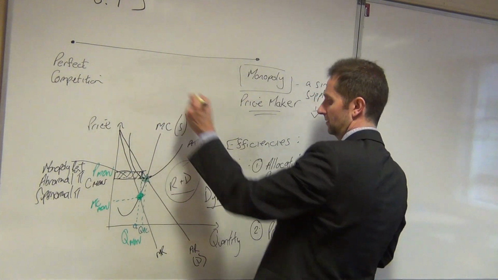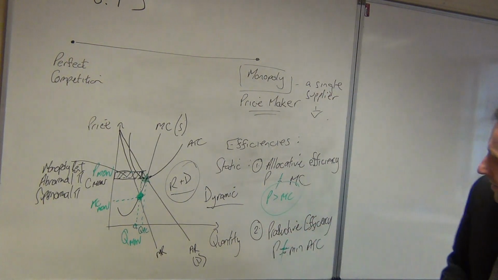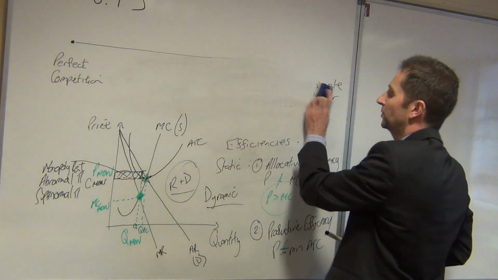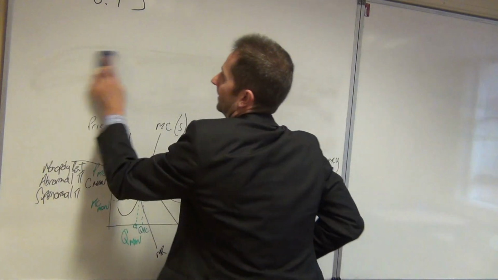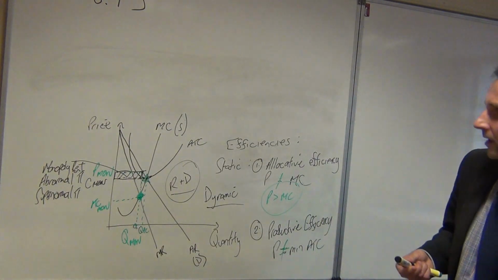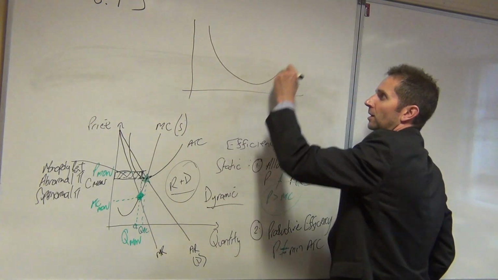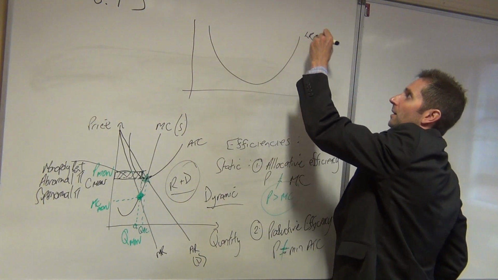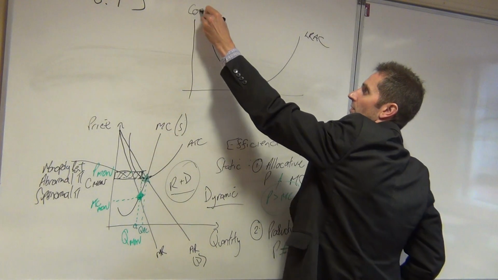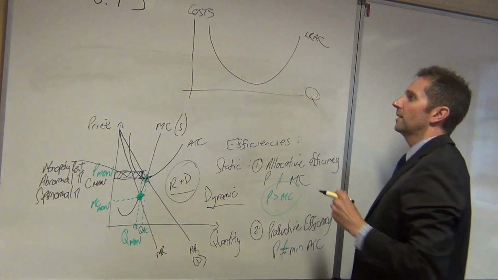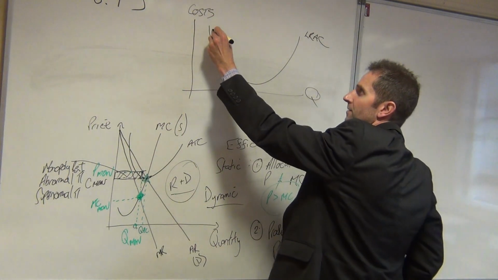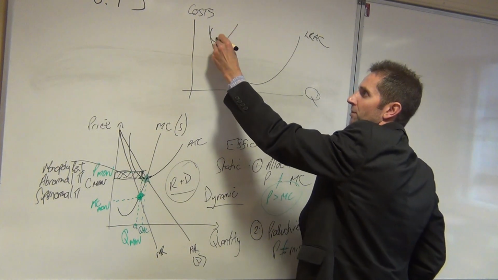Because, and sorry about the board work here, not my finest, let me just put this up here. You'll know that your long-run average cost curve, costs and output and so on, is made up of a series of individual short-run average cost curves.